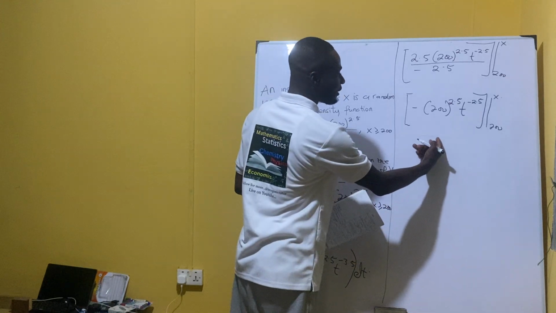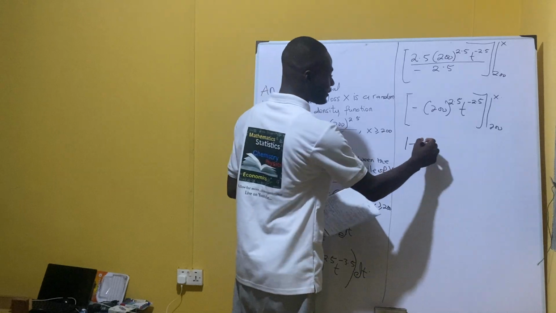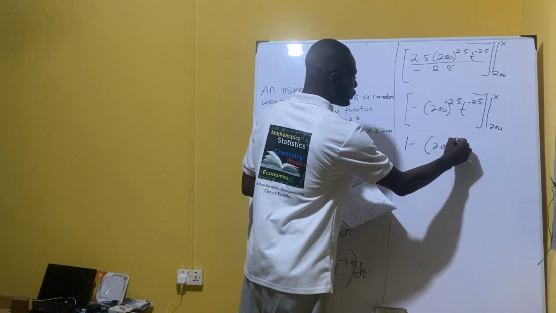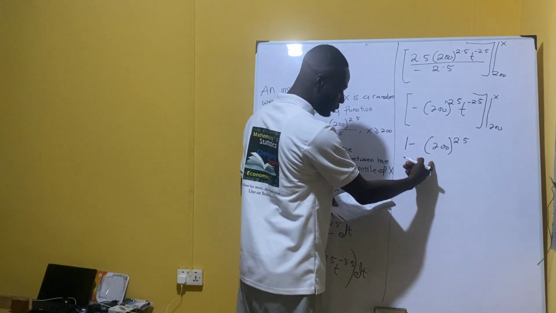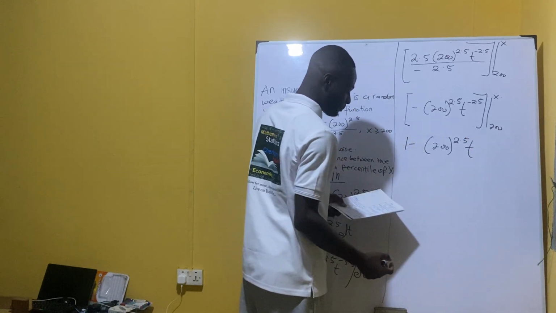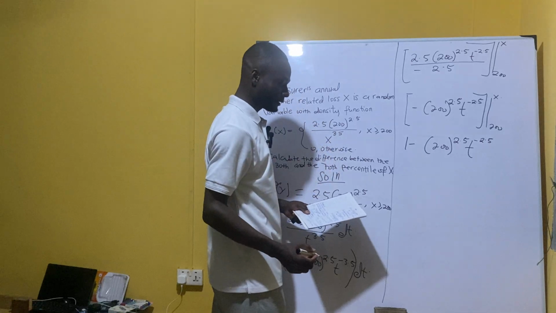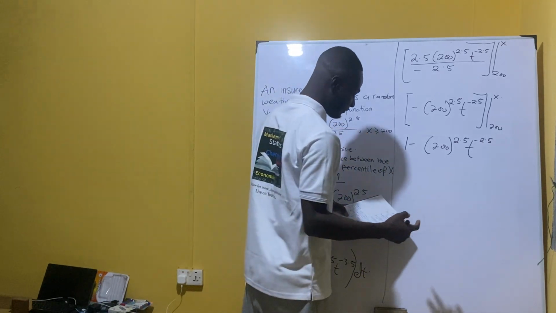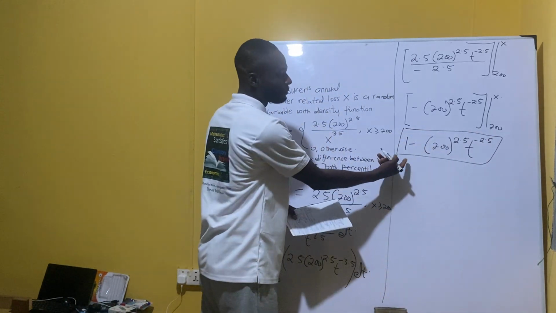When you simplify this very well, you're going to have 1 minus 200 power 2.5 t power negative 2.5. So this has been simplified.